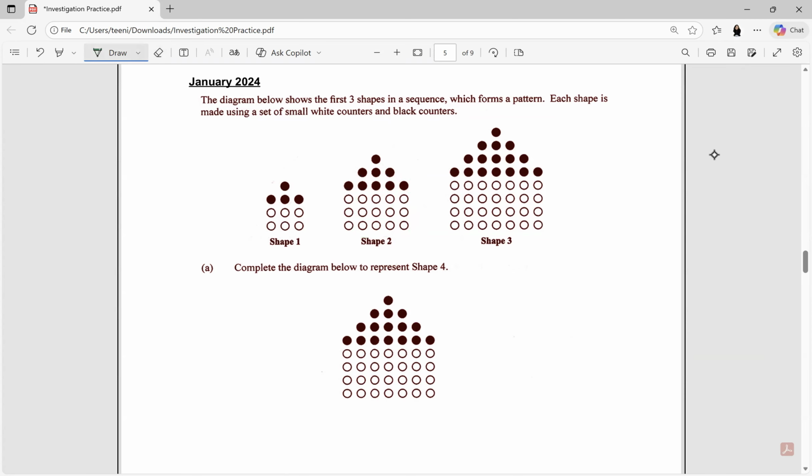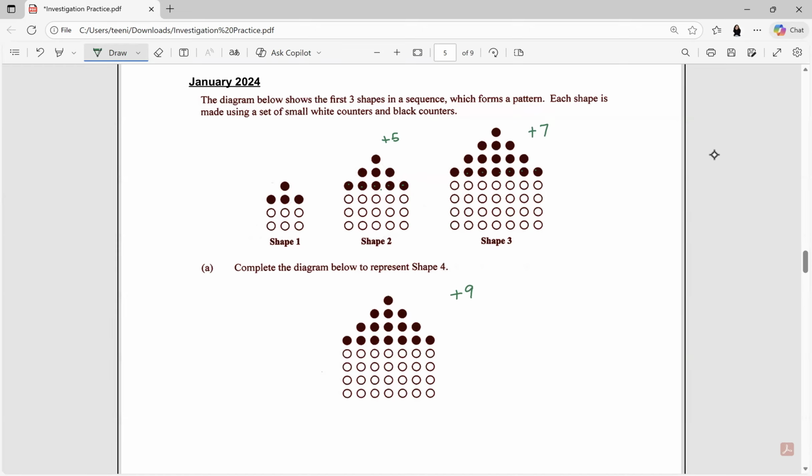Let's see. So the original in terms of the black counters, we've added 1, 2, 3, 4, 5 here. We added 5 here. And then here we added 1, 2, 3, 4, 5, 6, 7. So then how many would we expect to add in terms of the black ones in shape 4? 9. Yeah, so we're looking to add 9.